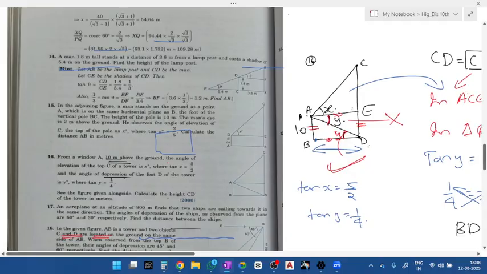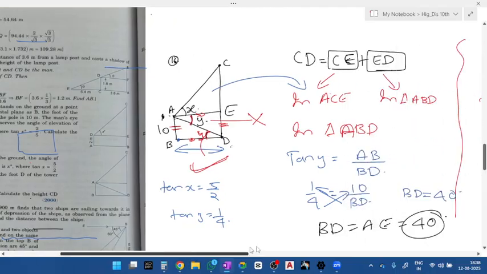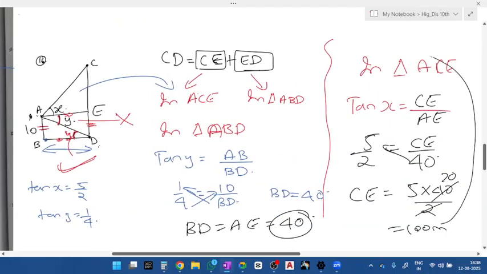So we don't need CE, we need CD. CD is made up of what two values I told? 100 plus, tell me the value, students. CD is equal to 100 plus 10, 110 meters. Okay, check the answers later.